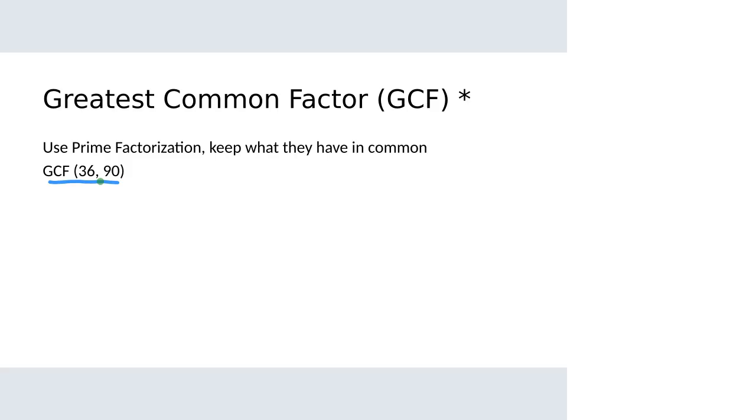So what we're after here is the biggest number that will go into 36 that will also go into 90. And the way we do it is we find the prime factorization of each number and then keep what they have in common and multiply those things together. I'll give you some time on this. There's no rush.